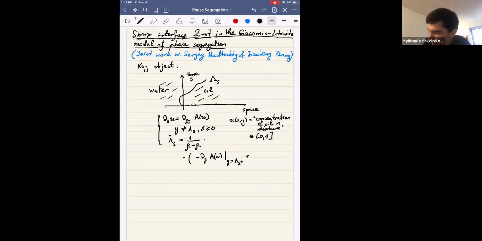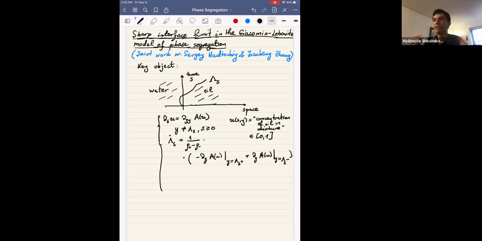And you will have another contribution of a similar type from the water side. When I write lambda(s)+ and lambda(s)-, what I mean is I look at my functions in the limits as I approach the boundary from the right and from the left. So that's the main free boundary problem.